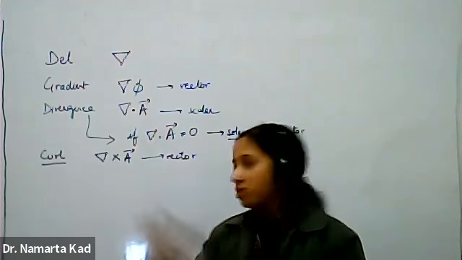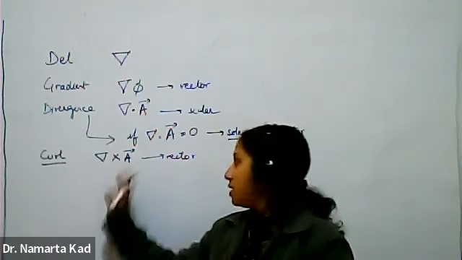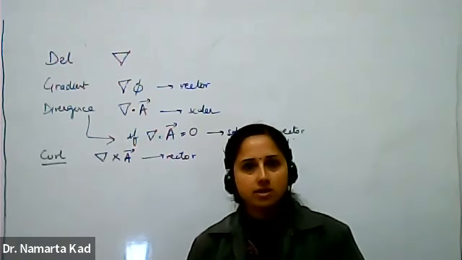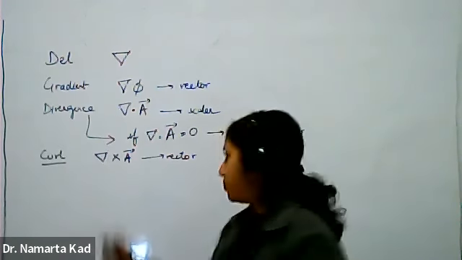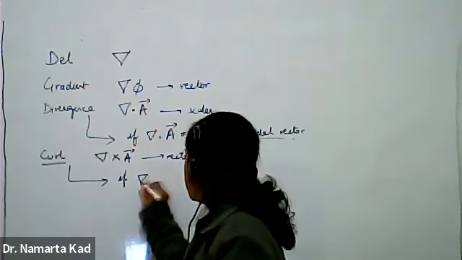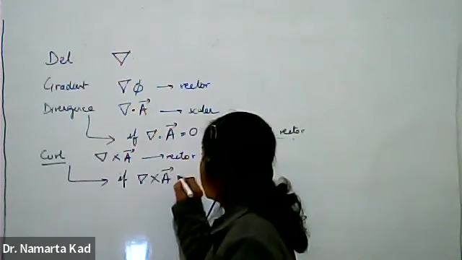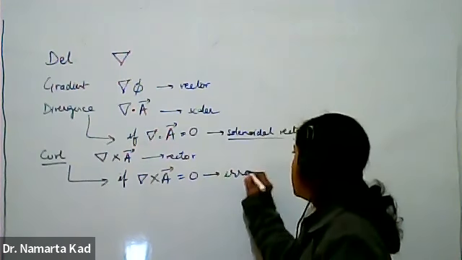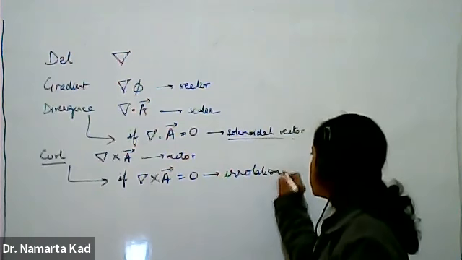A very important concept for the curl is that if the curl of any vector is 0, that is, del cross a vector is equal to 0, this represents an irrotational vector.